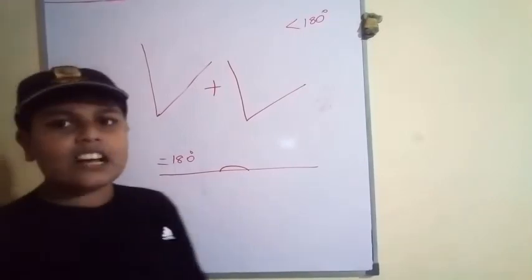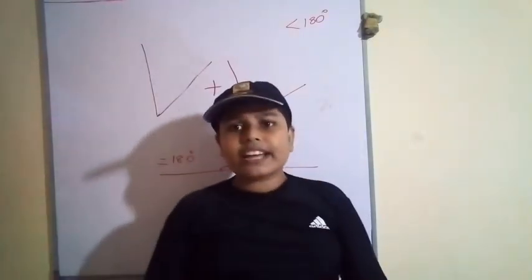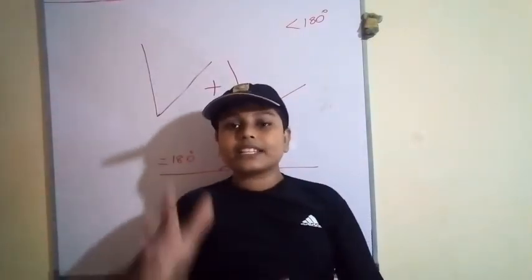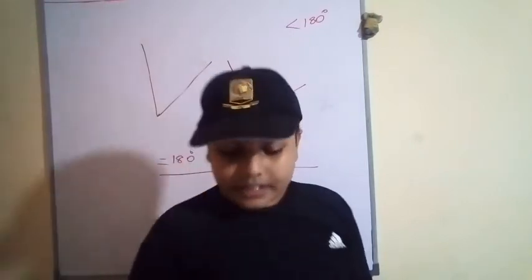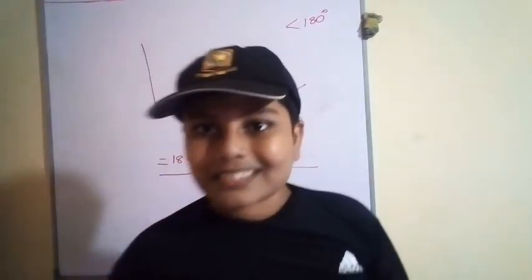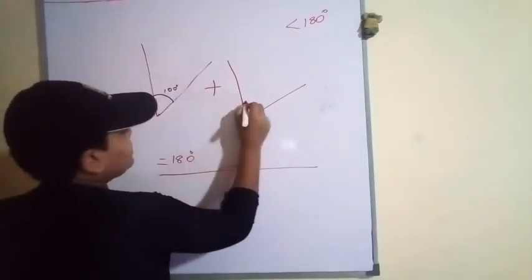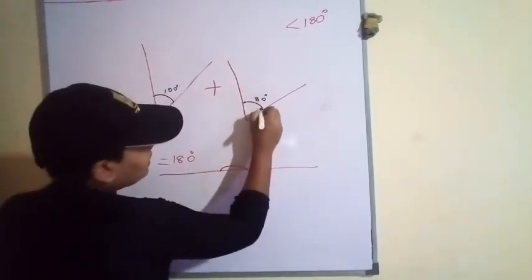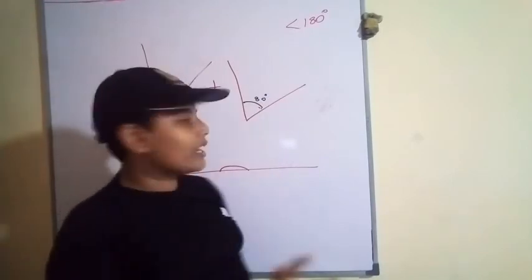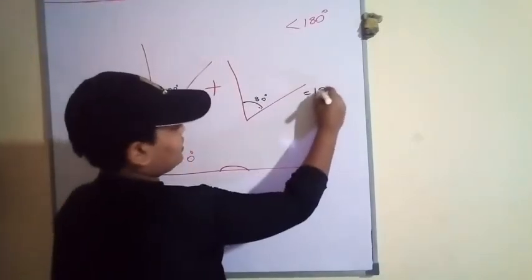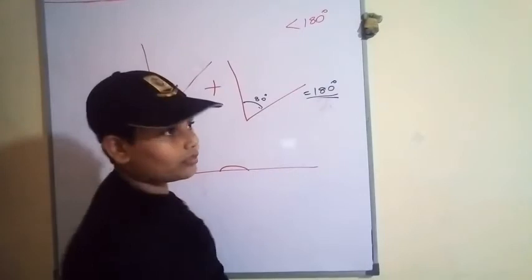Now, you want to get two angles whose sum is 180 degrees. You can name this as 100, this as 80. All together you have 180.